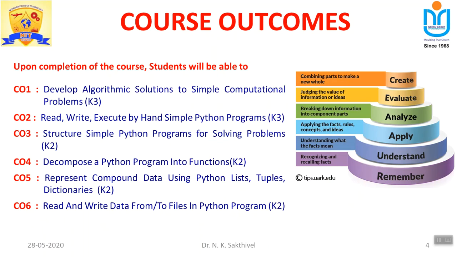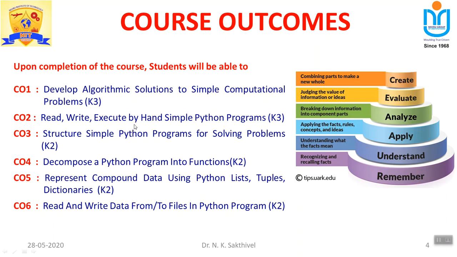Upon completion of the course, students will be able to develop algorithmic solutions to simple computational problems. It is a K3 level, that is the apply level, so applying facts, rules, concepts and ideas. The next achievement is that students can read, write and execute Python programs.